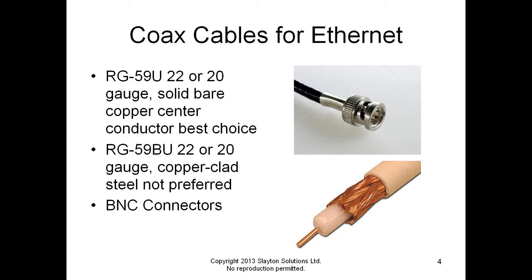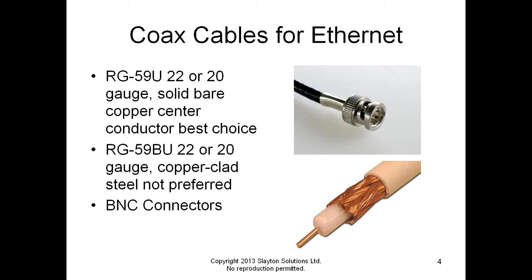Now, the 2 differences that you see between the RG59U and the RG59BU is that an RG59U is going to have a solid copper center, pure copper all the way through. An RG59BU is going to have typically a steel center with a copper flashing or copper cladding on it.